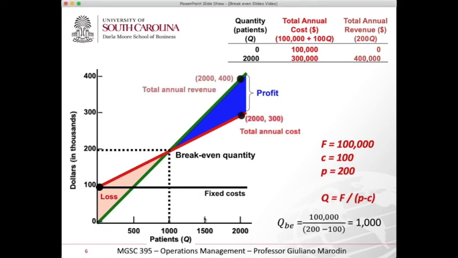So here we just have the numbers. Let's say that I reach 2,000 here. I know that my annual cost will be 300,000, my revenue will be 400,000 at a quantity of 2,000, right? So 1,000 is break even, and at 2,000 I'm making $100,000 of profit, right?